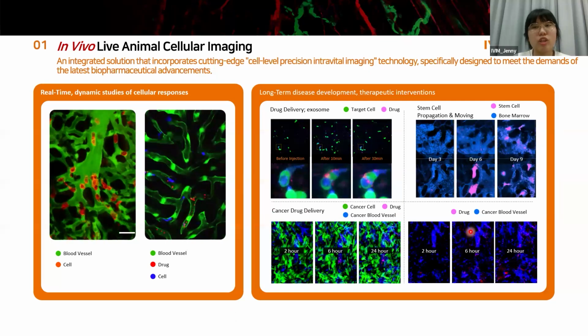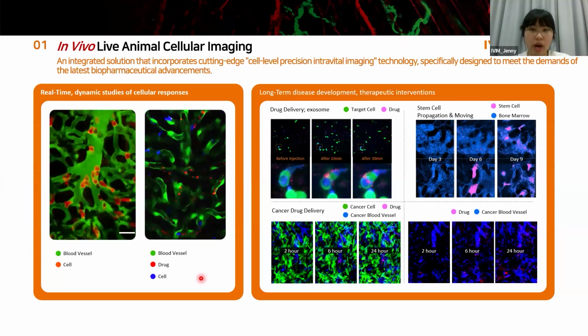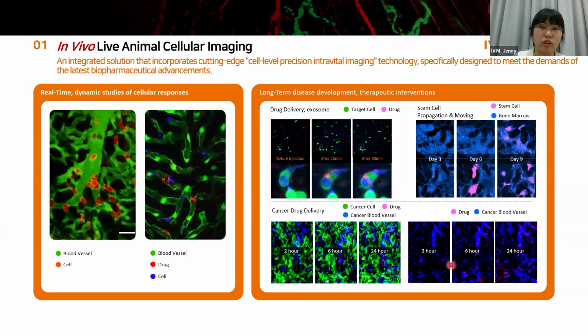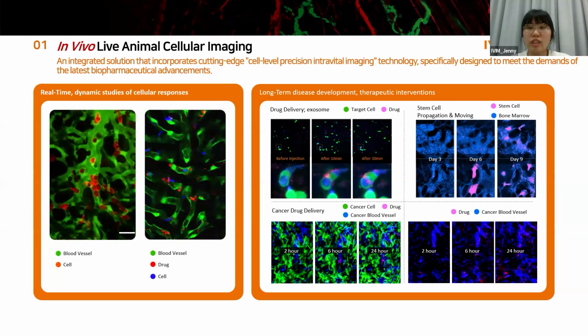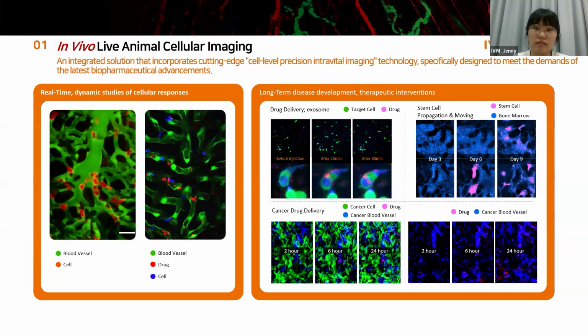So to advance research in fields such as immunology and drug delivery, it's essential to understand how and why biological processes occur within the living body at the cellular level. IVM Technology's Intravital Microscope enables dynamic, real-time visualization of cellular responses and disease progression in vivo.